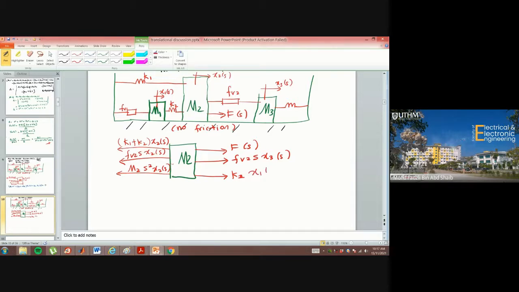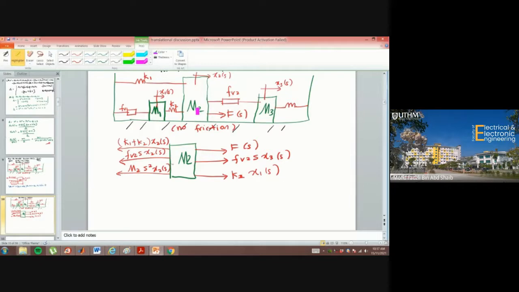Take a look at this. Again, I repeat, okay? Force of M2 due to the motion of M2 has K1 plus K2 X2S, Fv2 S X2S, and M2 S square X2S.